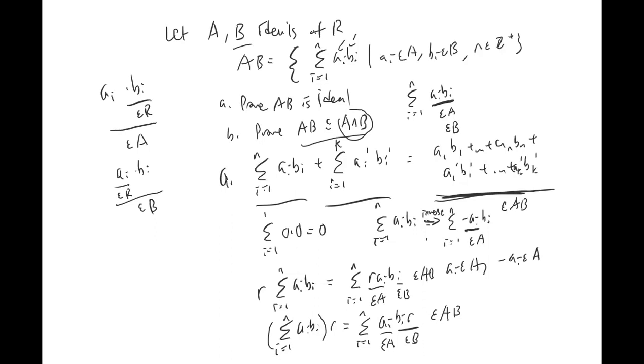So any finite sum of it, since it's an additive subgroup, will also be in. Every element in here is in A intersect B because it's in both A and B. And then any finite sum of it would be in A intersect B.